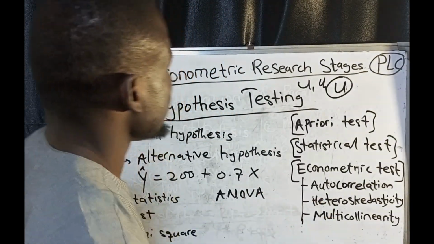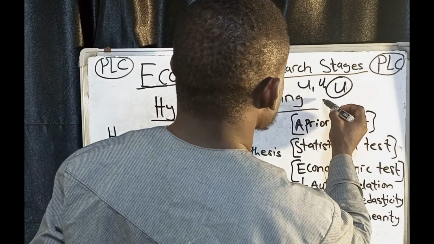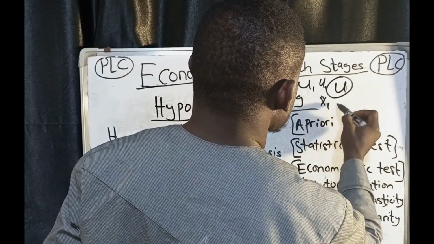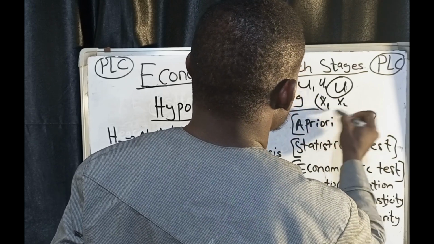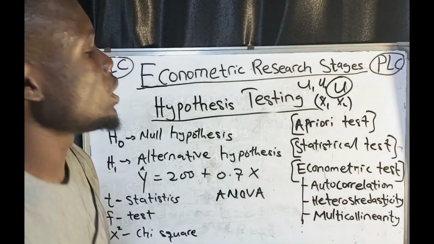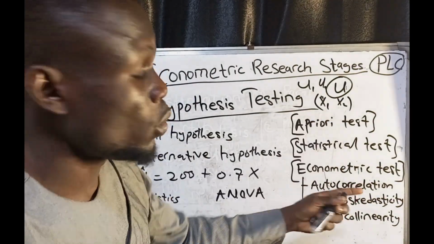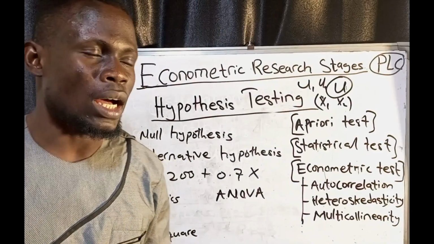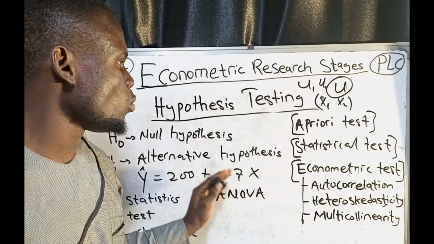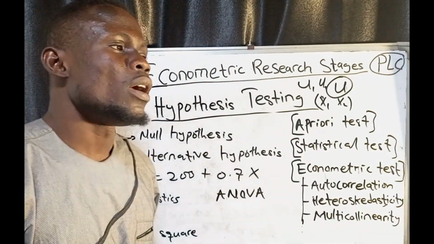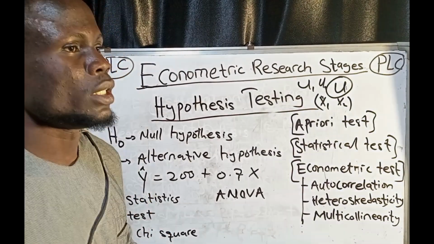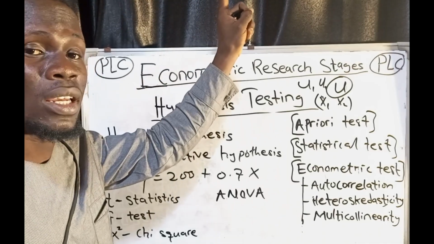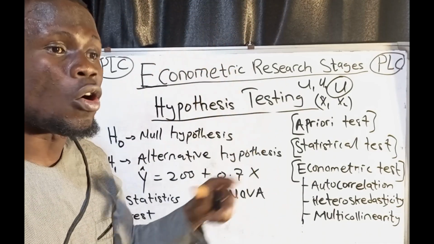Multicollinearity is when we have two independent variables and there is a correlation between them. So this is hypothesis testing, and through this hypothesis testing, we either accept the models that we have estimated, the theories are empirically verified, or we reject them.